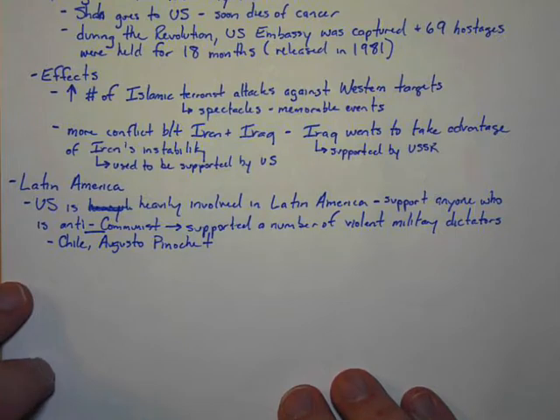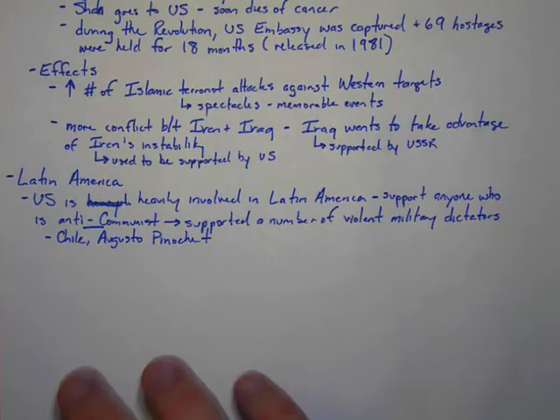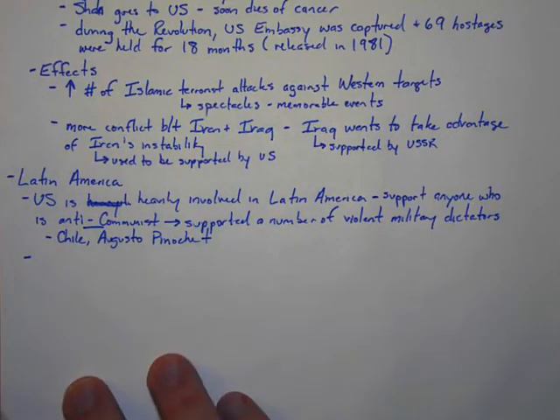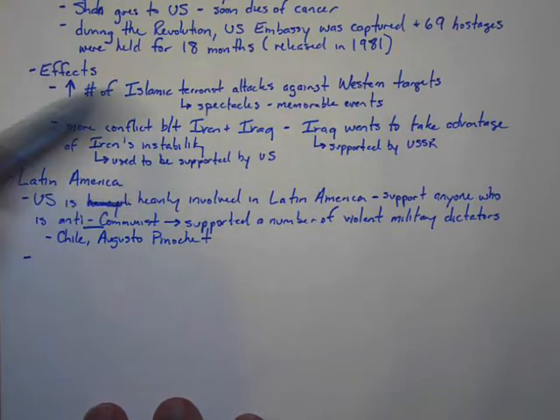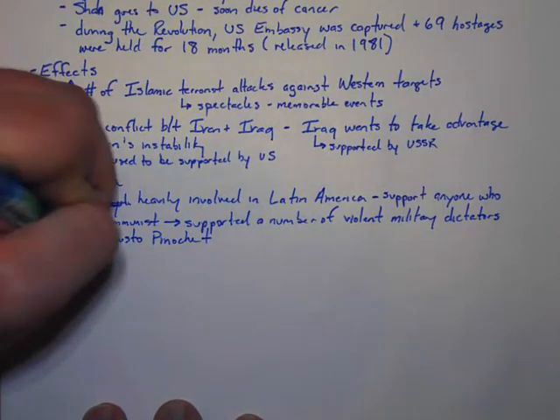And as long as they were anti-communists, the Americans turned a blind eye to any of the other human rights abuses they may carry out. So the question now is, how does this tie into what's going on in Iran and Iraq? Which brings us to the Iran-Contra affair.